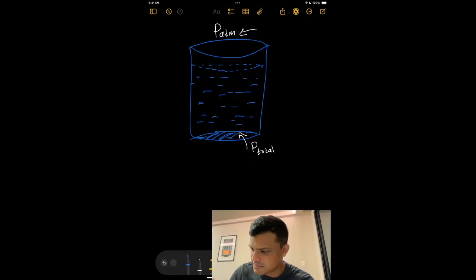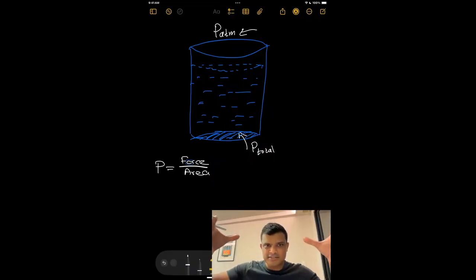So this is the bottom of the container. And what I want to do is think about pressure. When we say pressure, what do we mean? Pressure is some force over some area. And for a moment, let's ignore the atmospheric pressure and just consider what the water is doing. The force acting on the bottom of the container is the weight of the water.